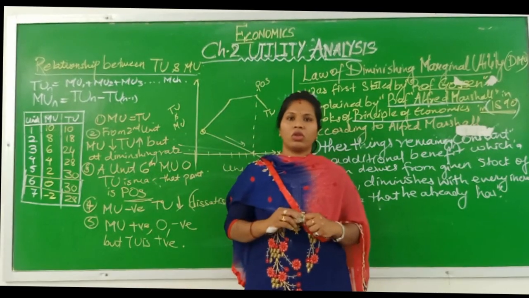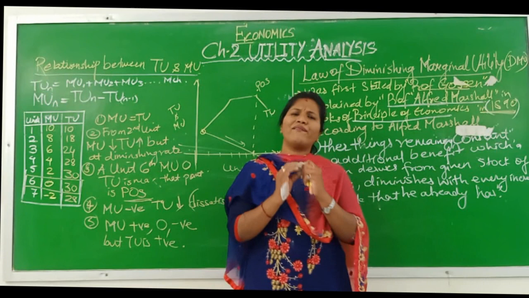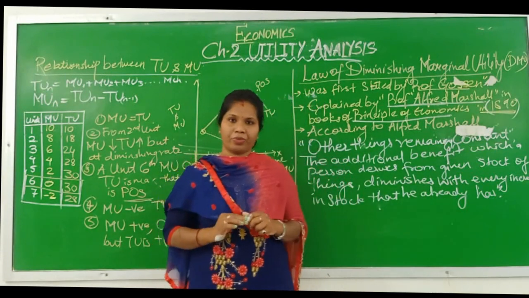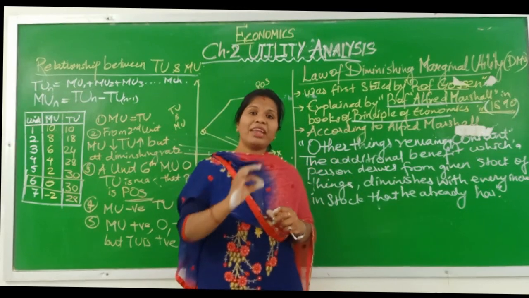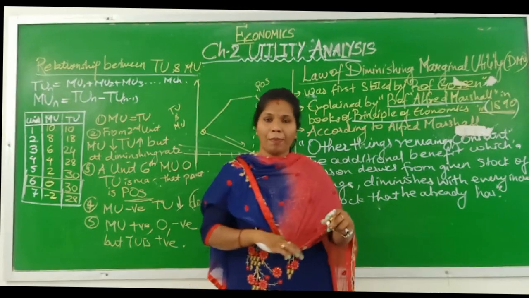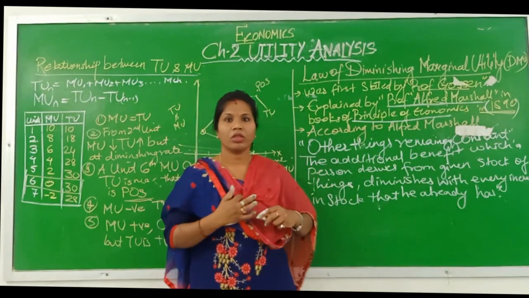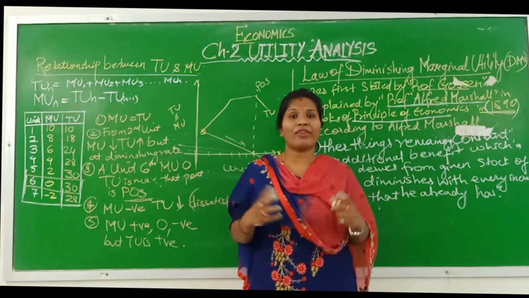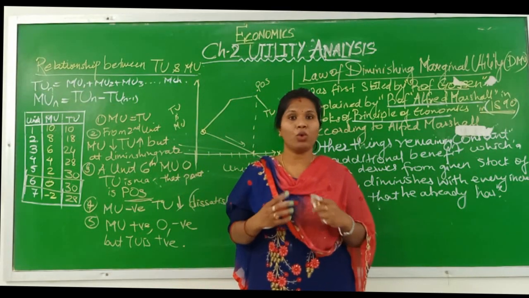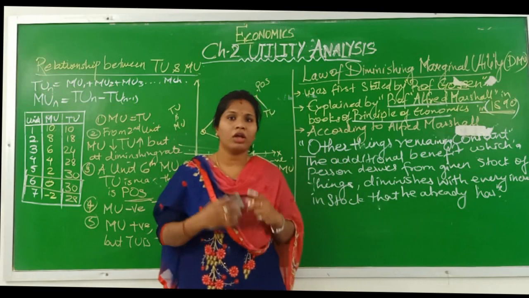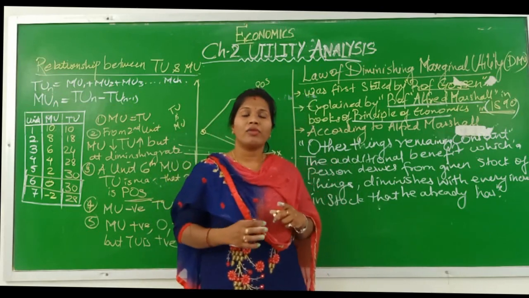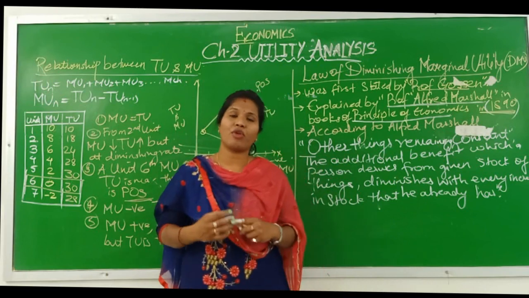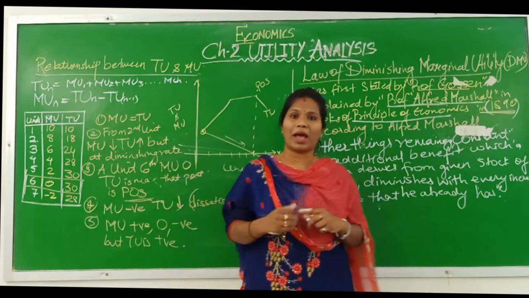Suppose you have a very pretty t-shirt which you like the most, and you bought it from the shop with so much excitement because you like that t-shirt very much. But the same t-shirt you have also got as a gift from your friends as well as your parents.